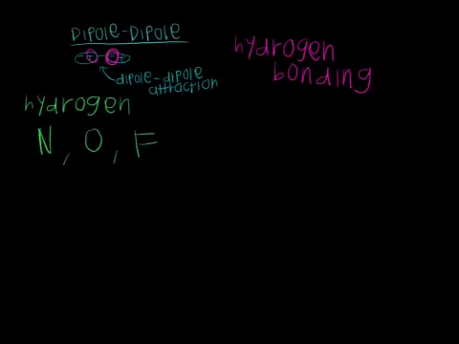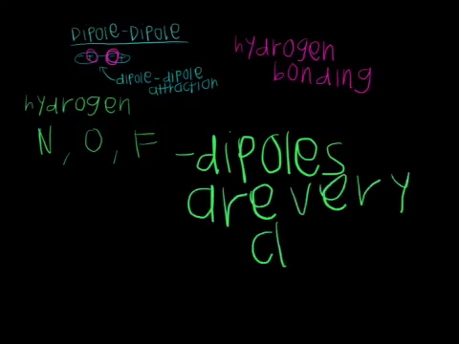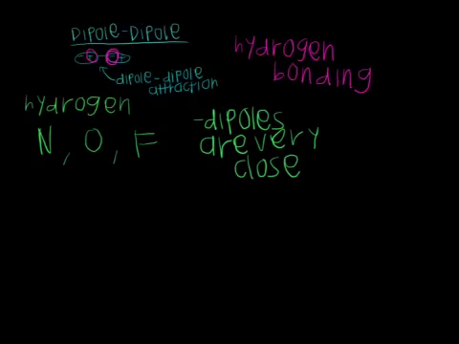Because hydrogen is a very small atom, it allows the dipoles to become very close. And because, as I said before, nitrogen, oxygen, and fluorine are very electronegative atoms, the bond would be extremely polar.